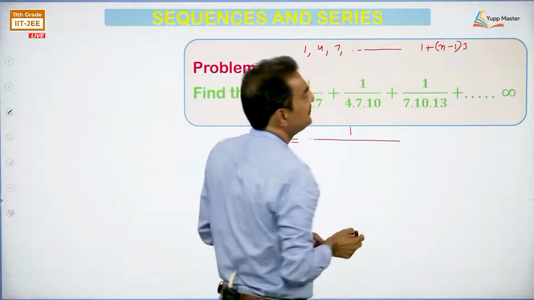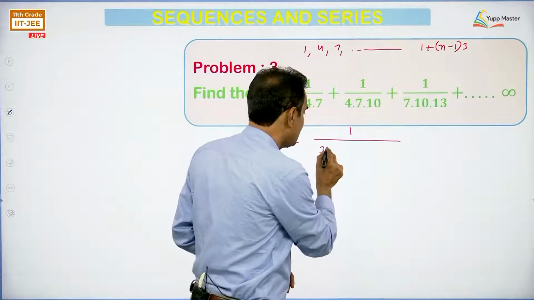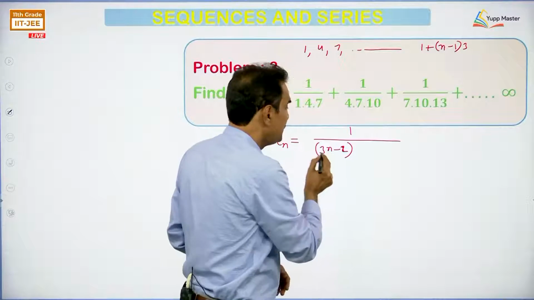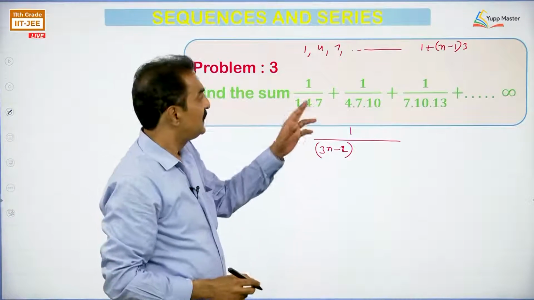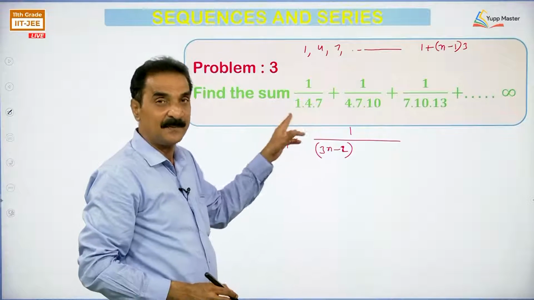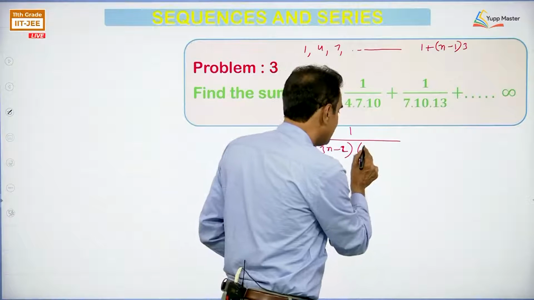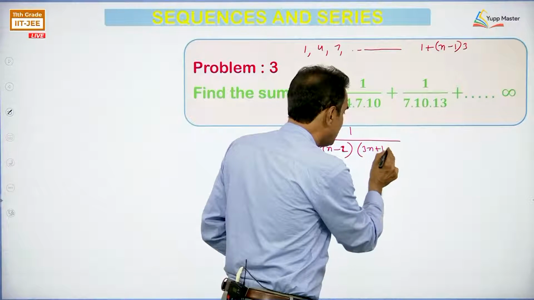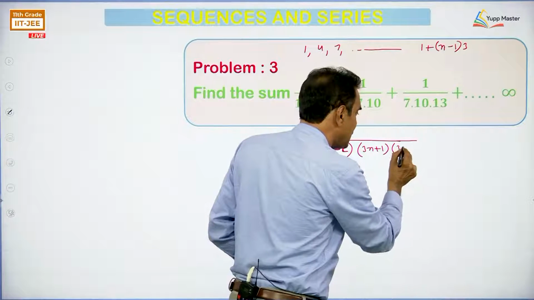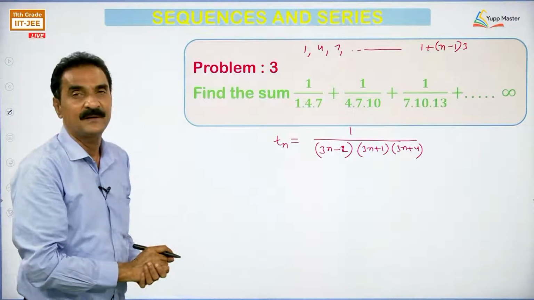How much will you get? 3n minus 2. The first factor of the nth term in the denominator is 3n minus 2. Now, the second factor is first factor plus 3, the third factor is second factor plus 3. So the second factor will be this plus 3, 3n plus 1, the third factor is 3n plus 1 plus 3, 3n plus 4. So, this is the nth term.